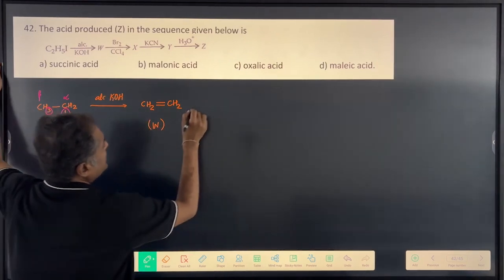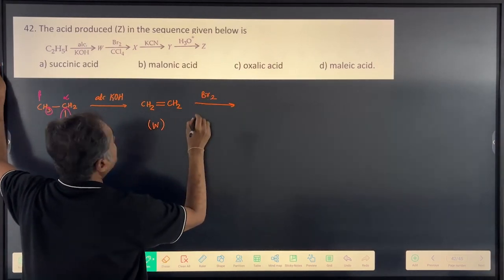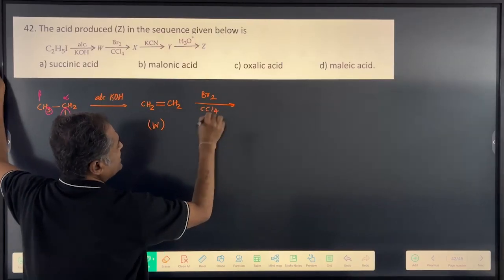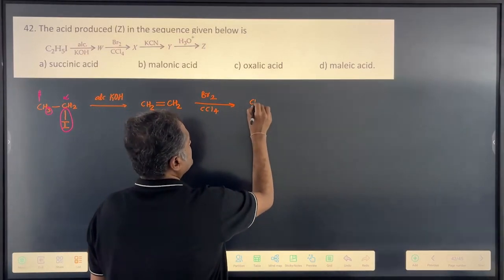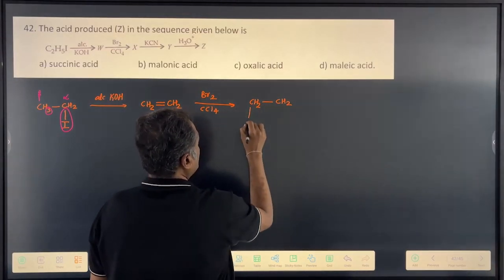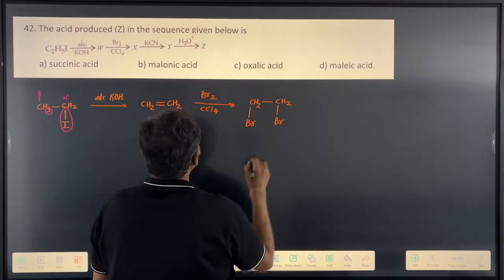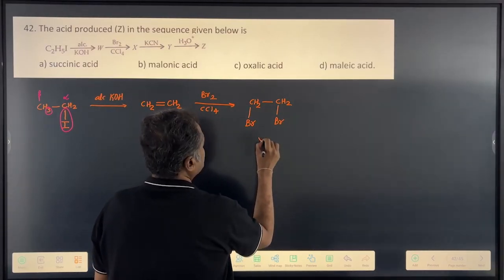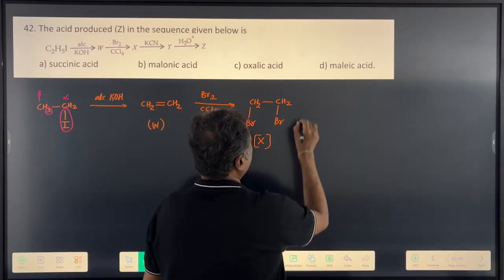Now, treat this compound with Br2 and CCl4. Basically this reaction is known as bromination, where addition will take place and your product obtained would be a dibromide, a vicinal dibromide. Now, this is your compound X. Now, the next case, treat this with KCN.